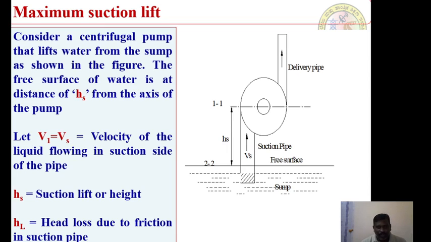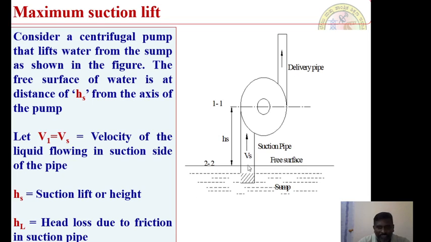The free surface of the water is at a distance of Hs from the axis of the pump. We have considered the axis of the pump here. Let V1 be the velocity at the suction side, the inlet section, and let the outlet delivery side be V2 or Vd, with the usual notations. Hs is the suction lift or the height.